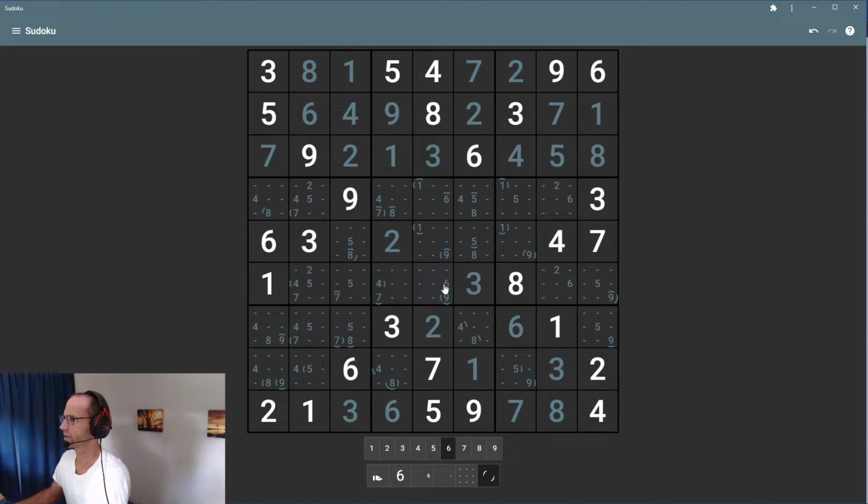Strong link on 6s, 4s, nice strong links on this 2-6 pair, and strong links on the 5-9 pairs.